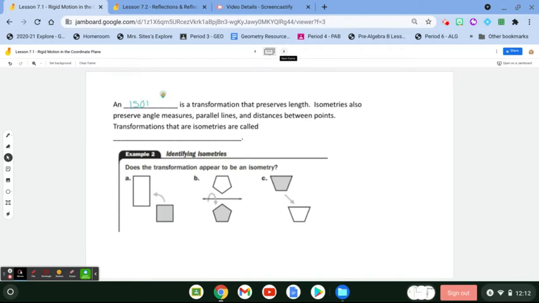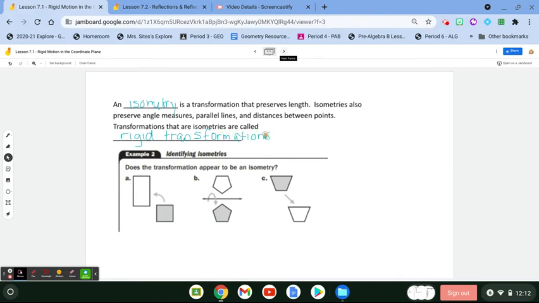An isometry is a transformation that preserves length. Isometries preserve angle measures, parallel lines, and distance between points. Transformations that are isometries are called rigid transformations. And the word rigid means that you can't move something, okay?